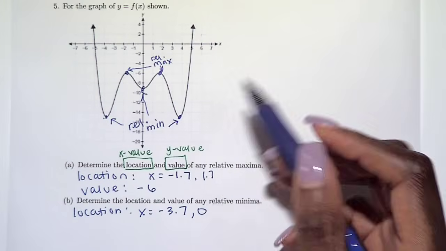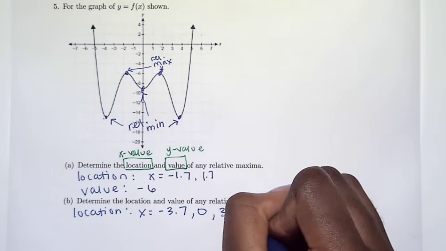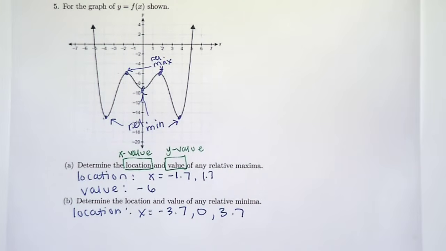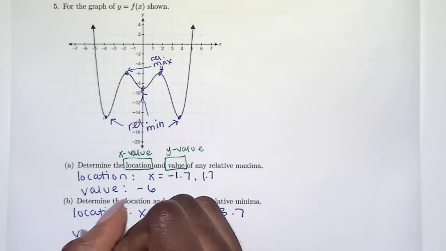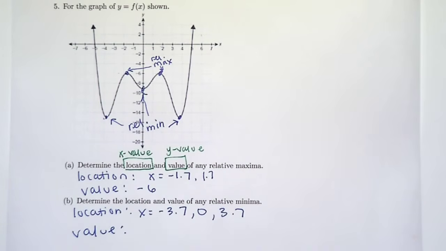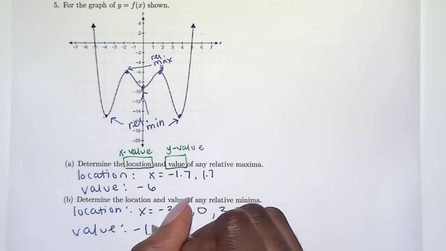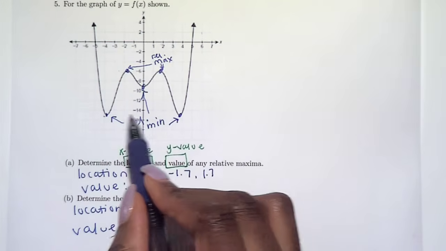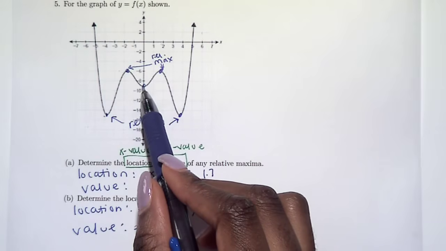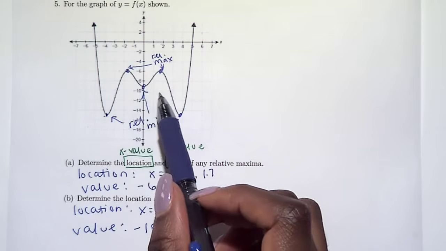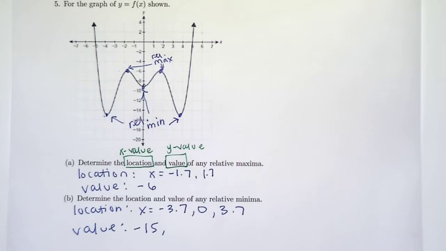And this one looks like positive 3.7. It was really hard to find a graph that was perfect. All right, and so those minimum values are, looks like y is negative 15 for these two, and here y is negative 9.